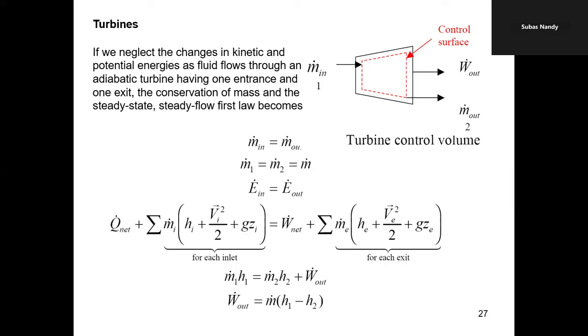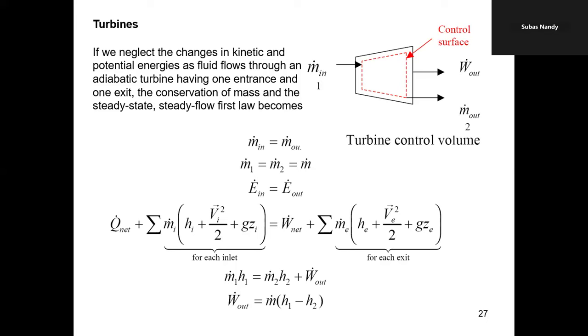Hence, for the last equation, the rate of energy coming in can be written as Q dot net plus sigma, meaning the sum, of m1 dot, the mass flow rate coming in, times the parenthesis of internal energy, enthalpy h, plus kinetic energy plus potential energy.